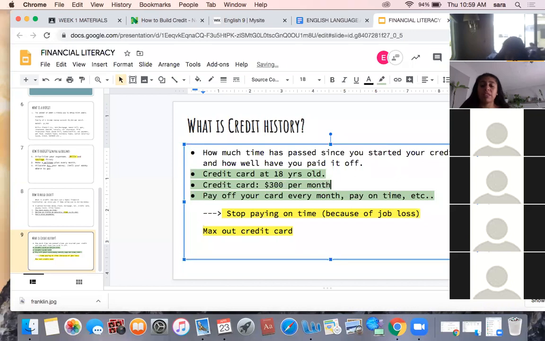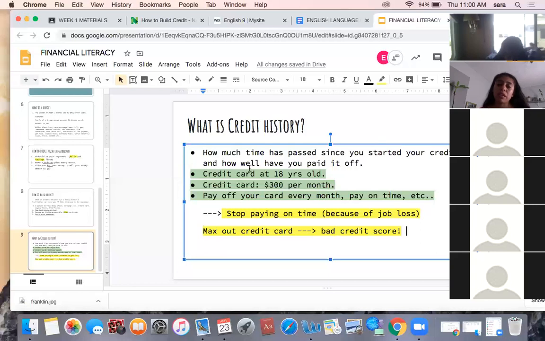So getting a credit card is like borrowing money every single month, okay? I know, why would somebody do that? But that's how you start. Okay, so you max out your credit card, and now what you have is a bad credit score.